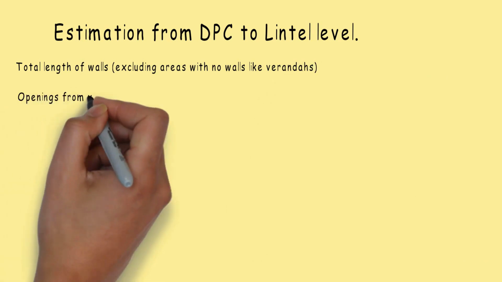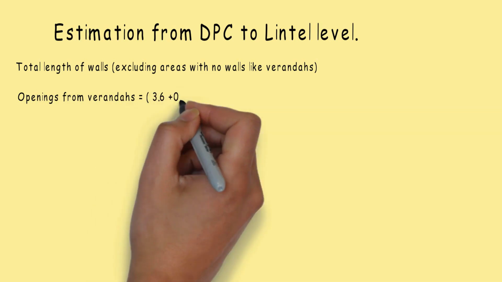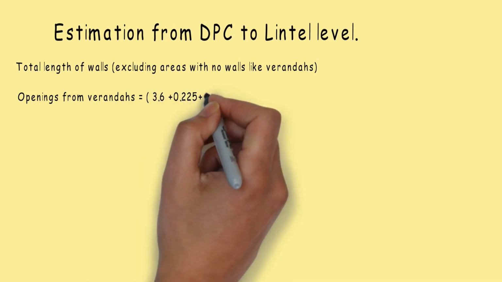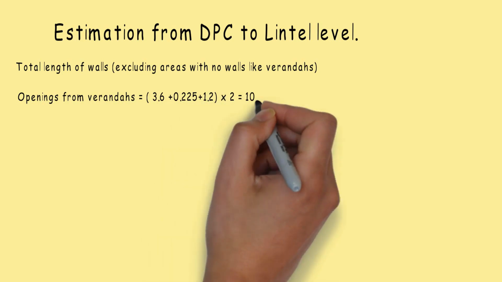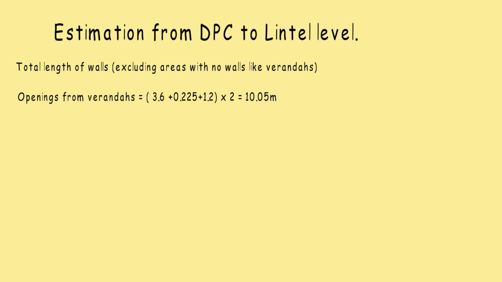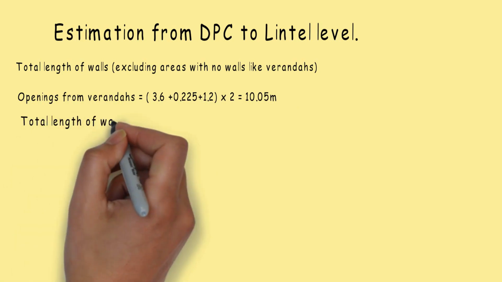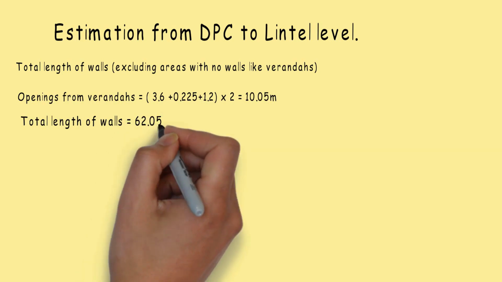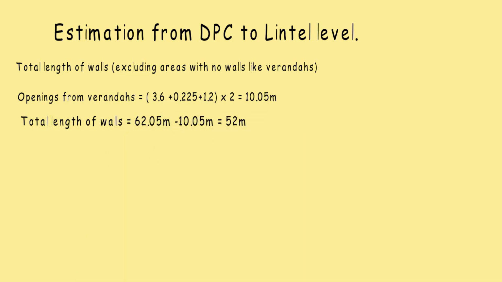Opening from verandas will give us 3.6 plus 0.225 plus 1.2 multiplied by 2, since we have 2 verandas, which will give us 10.05 meters. Total length of wall equals 62.05 meters minus 10.05 meters, which equals 52 meters.